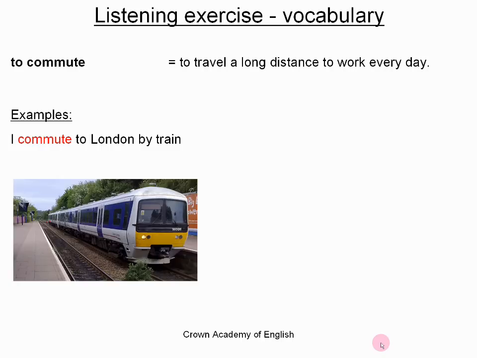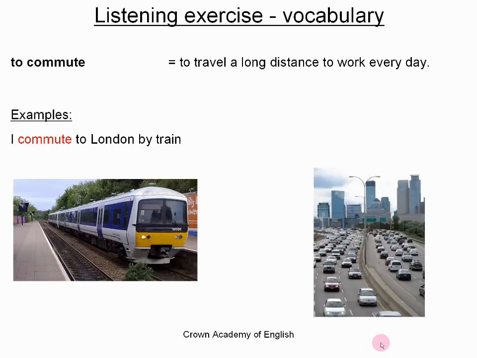Okay? And another example would be Jane commutes to Manchester by car. So to commute, it means to travel a long distance to work every day. So you live in one place, but you work in another place.